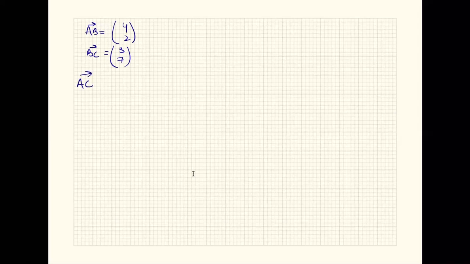Now vector AC is the resultant vector of vector AB and vector BC. Remember this addition rule. Vector AB plus BC is going to be equal to vector AC. If these inner terms are same, then the resultant vector is just the outer letters AC.